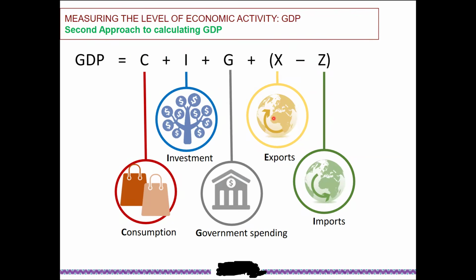So for the expenditure approach, you basically add all the expenditures by the participants in the economy. So this is consumption expenditure by households, investment by firms through buying capital goods, government expenditure. Then you also have our expenditures in the foreign sector through exports and imports, right?